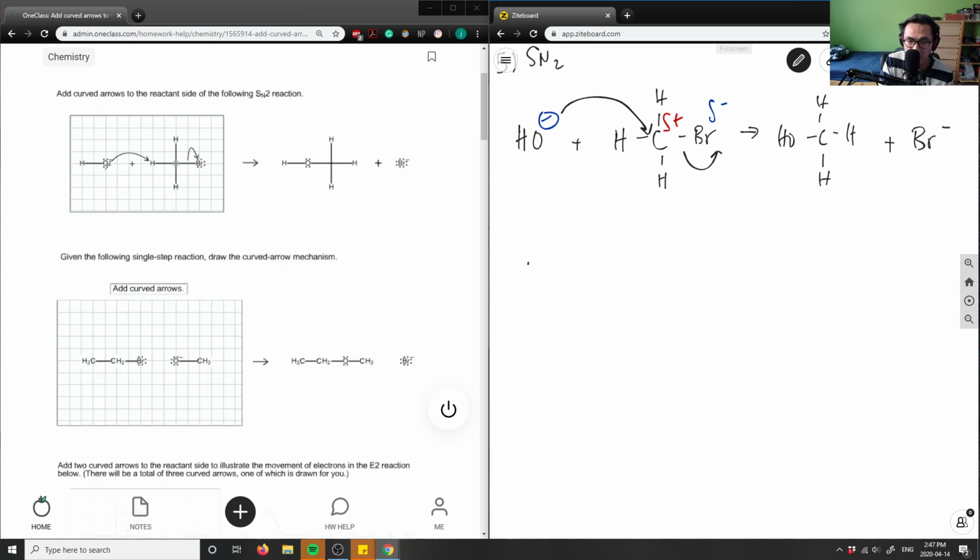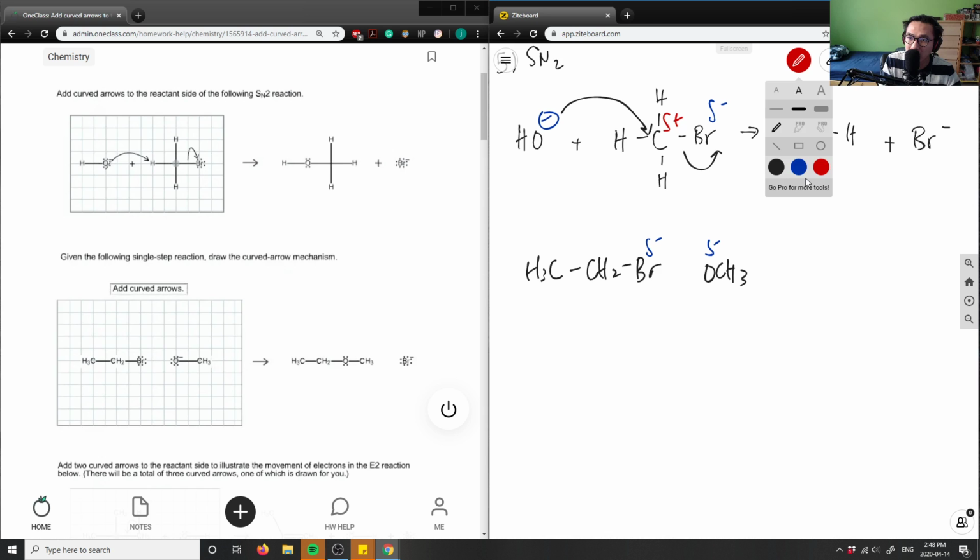So I have here H3C bond CH2 bond, I have a Br here, and this is OCH3, right? This is a negatively charged compound. I'm going to do that in blue. Again, bromine here is partially negative, which means this carbon is partially positive, right?